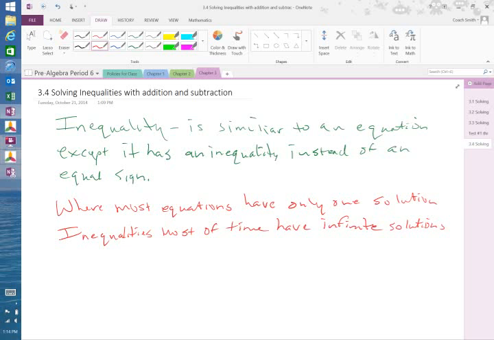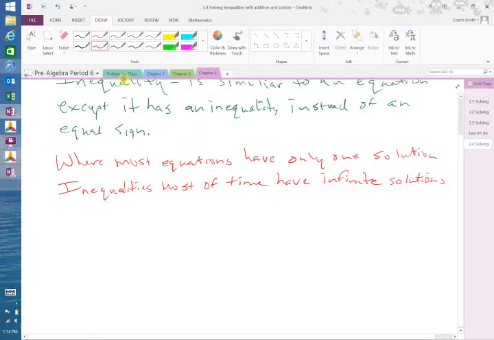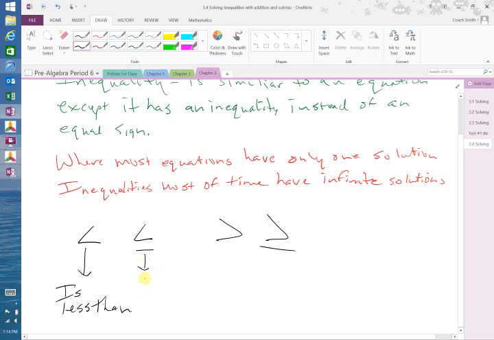Okay, so let's remember our inequality signs. There's 4 of them. Okay, there's your 4 inequality signs. First one is less than. Okay, this one is less than or equal to.